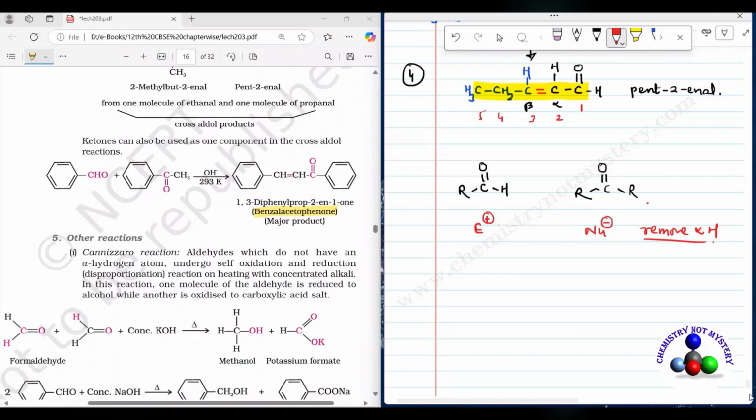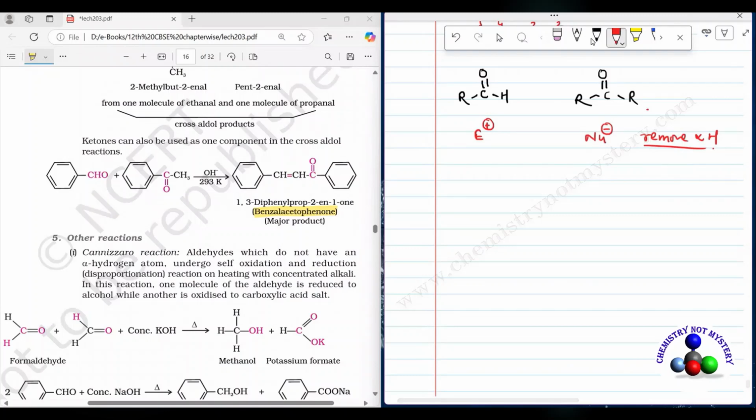So here, first of all, draw the structure of acetophenone. So this is the benzene ring, and here the carbonyl carbon is there, and here it is bonded with CH3. When it reacts with dilute alkali, so this is dilute NaOH, this dilute NaOH will abstract alpha hydrogen from this ketone molecule, and the bonding pair of electrons will move to the alpha carbon.